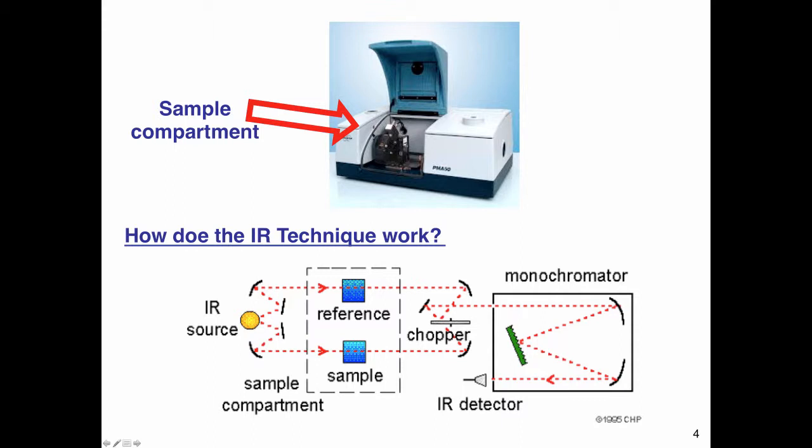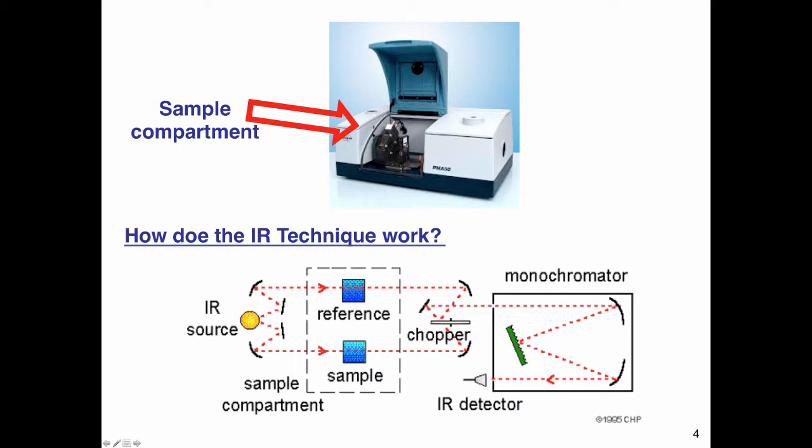So if we move down to the bottom here and we look at this schematic, here you've got the IR source, the light source on the left, and in this case there's a reference path and a sample path, so it's split into two paths. For us, let's just talk about the sample. The light travels through the sample.